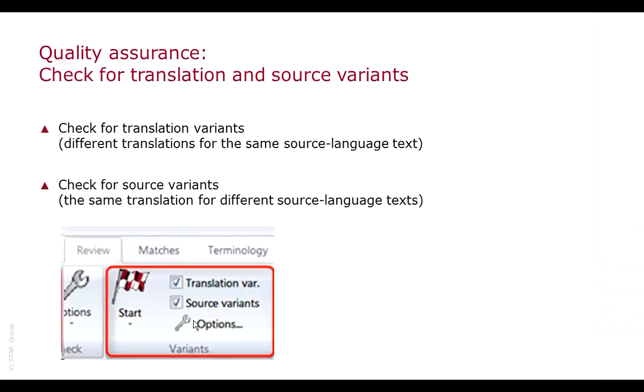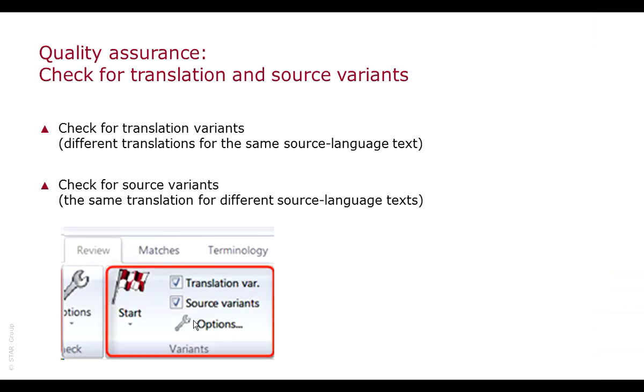The next one is a completely new part in Transit NXT. It's the check for translation and source variants. You can check both. You can check translation variants. That means you have different translations for one source language text.